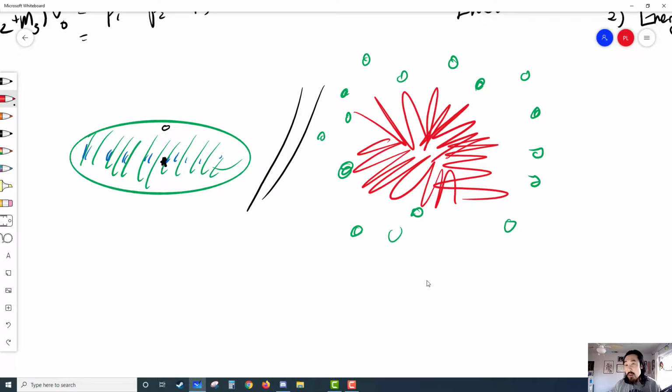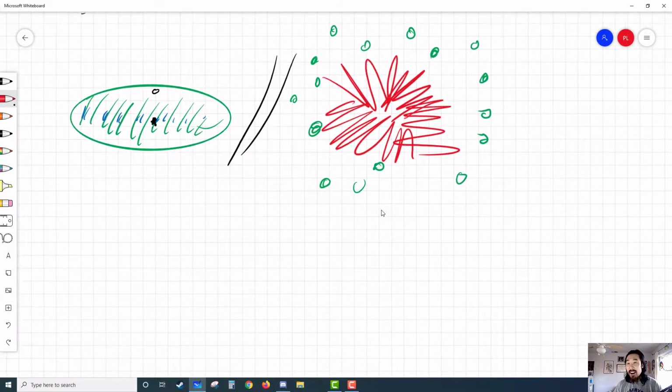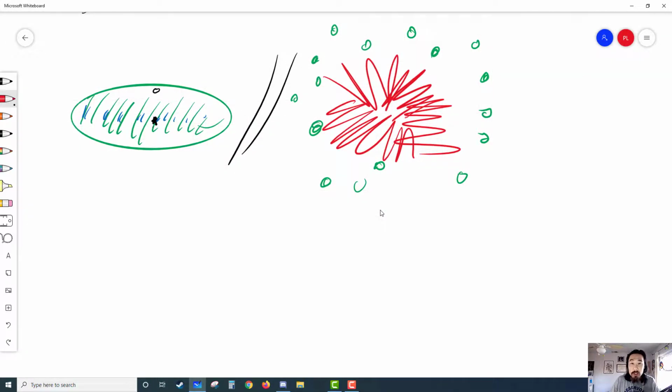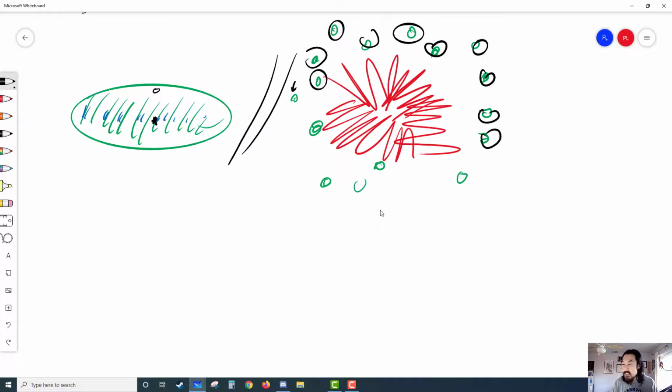Now, here's what's really, really cool about this whole situation. Not only is it cool to watch watermelons explode, but the cool thing is, well, I think it's pretty cool, that if we were to find the momentum of every single piece of watermelon that is flying away from where the watermelon originally was, and add them all up together, the momentum would add up to be 0.